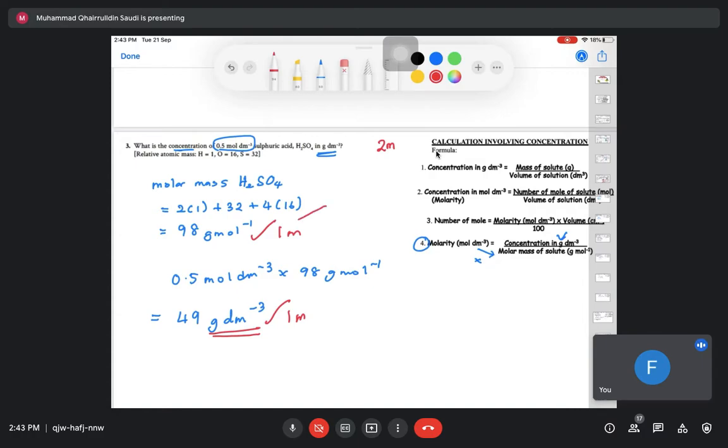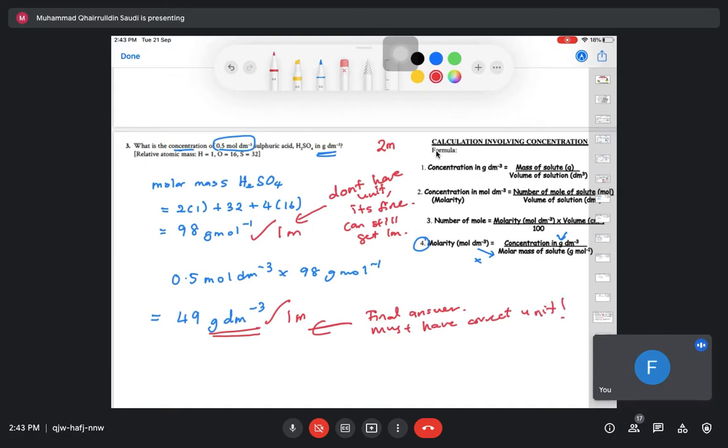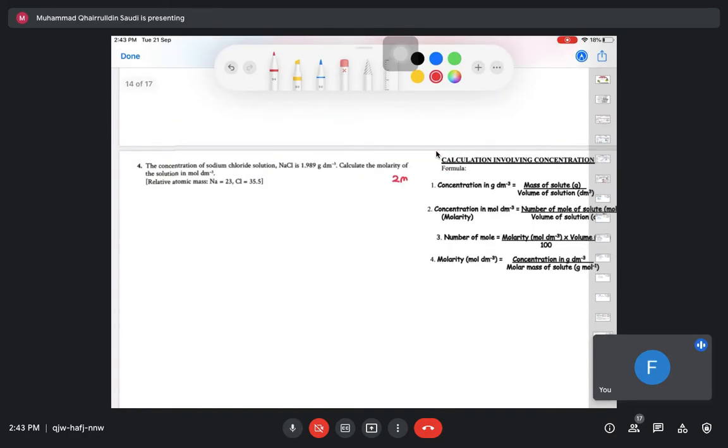This one, if you don't have unit, it's fine. You can still get 1 mark. Okay, but this final answer must have unit. Must have correct unit. Okay. If you don't have correct unit, then you won't get any mark. Is it clear? Okay, good.